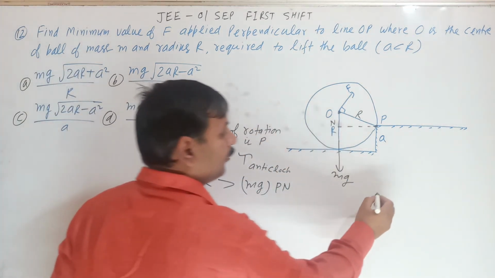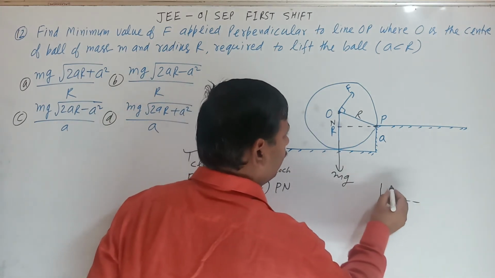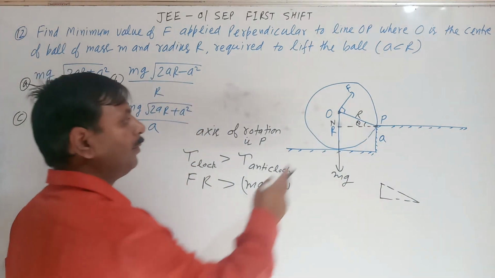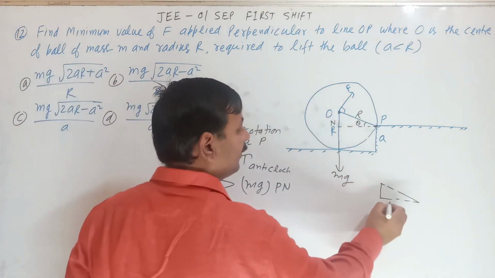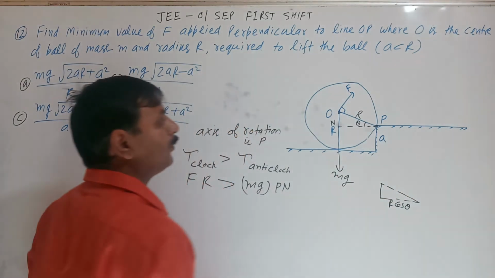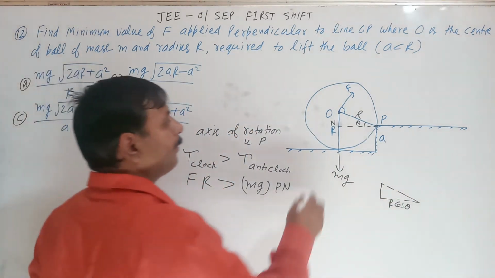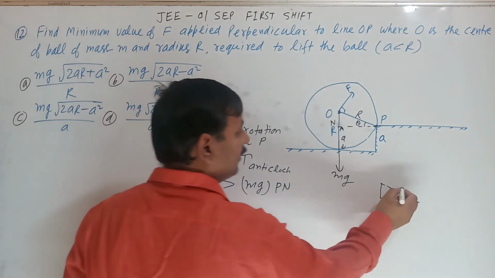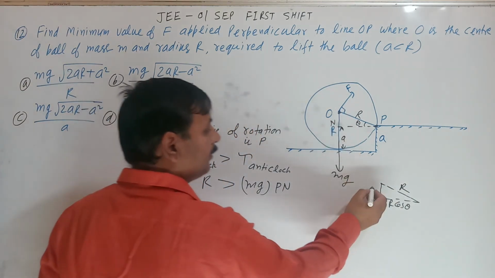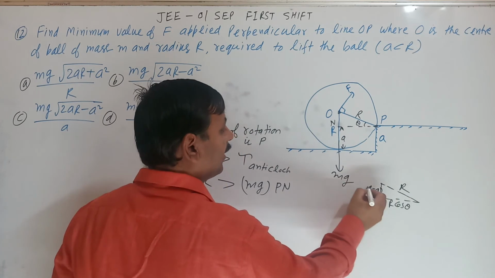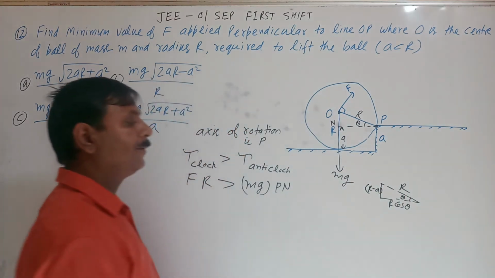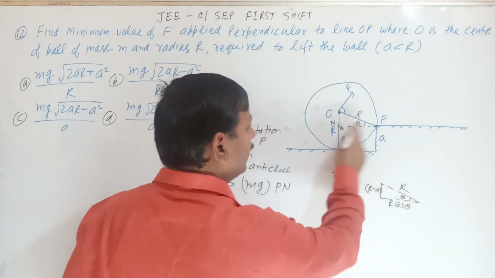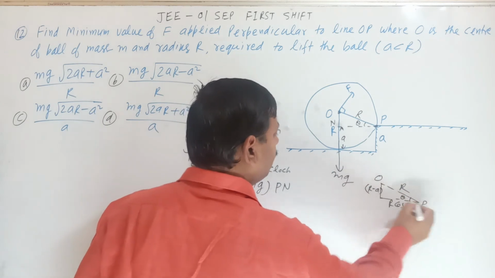What will be PN? So we can see here when we are going to calculate, suppose this angle is theta, so that will become r cos theta. PN mean क्या हो जाएगा बच्चों? That is r cos theta. अच्छा, this is a, so this is also a, so remaining that is r, so that becomes r minus a. This angle is theta. So what about this side? NP, this is OPN.